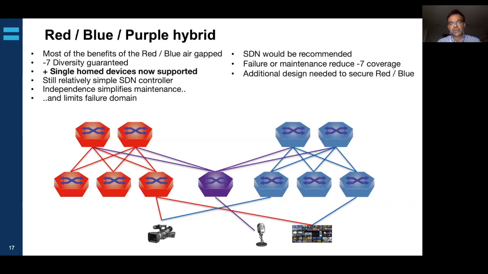So think about whether you need some purple leaves, for example, to sit somewhere in your network and accept connections from those sorts of things to deliver a microphone into both sides of your network. Of course, you can use multicast to deliver that to two places. You're going to need some sort of mechanism to make sure that you don't end up bridging the two networks and leaking red traffic to the blue network and vice versa. But that's something that good network guys can help you with, or a good SDN system can do.